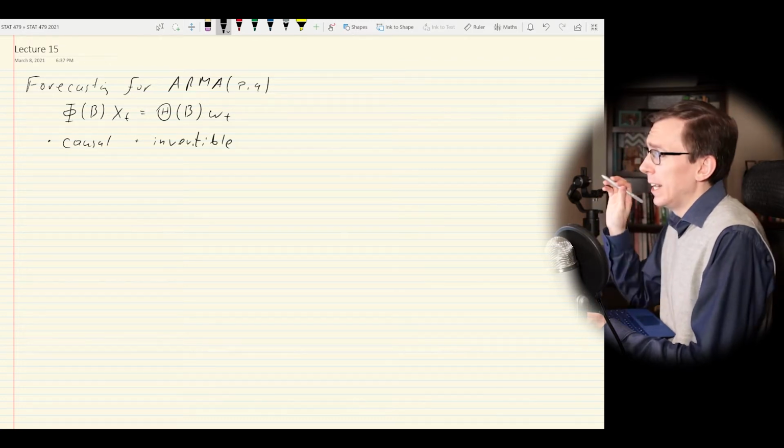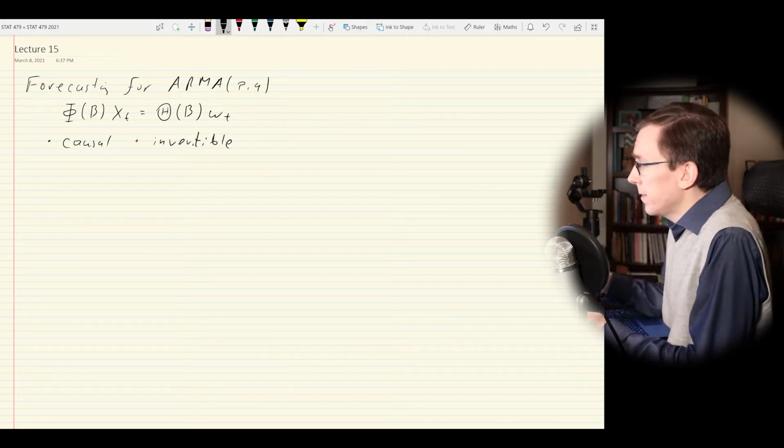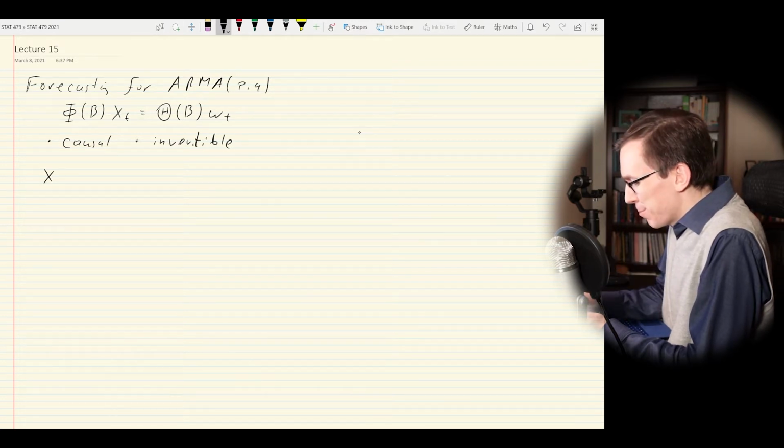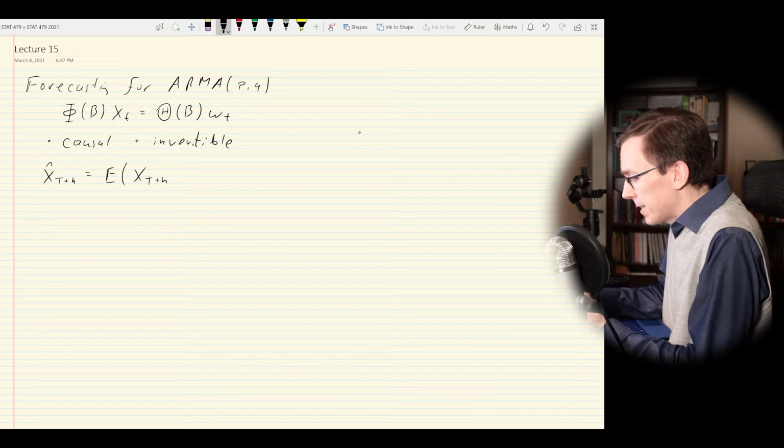as usual. And furthermore, we had two different notations for forecast, for predictions, predictors, I guess. We had our h step ahead predictor, x^T_{T+h}, which is the expected value of the time series process itself at time T+h given the observed data from capital T down to 1.